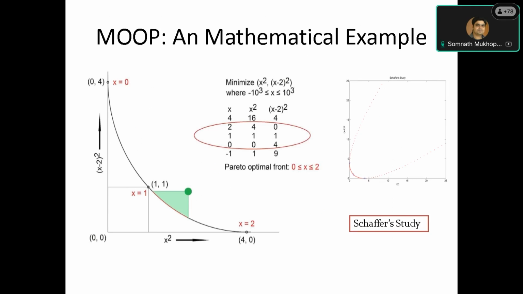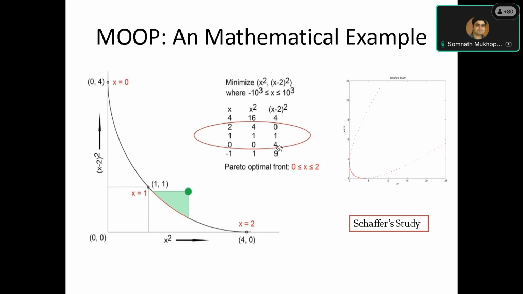So this is one example of a multi-objective optimization problem where we have to minimize x square, one function, suppose f1(x), and another function f2(x), which is (x minus 2) whole square, where the value of x is given in a particular range. Here we can see when the value of x is 2, the x square value is 4 and (x minus 2) whole square is 0.